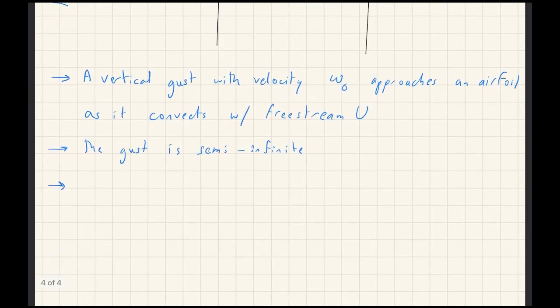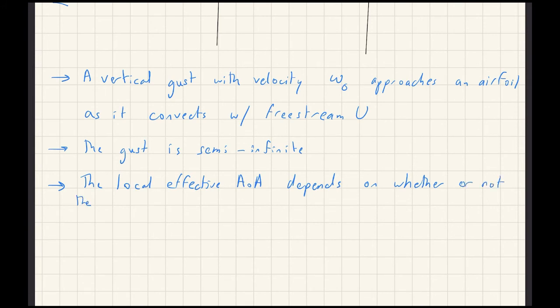And another important point that touches upon what I said earlier about the Wagner problem. Here, the local effective AOA, or angle of attack, depends on whether or not the local chordwise station is in the gust.